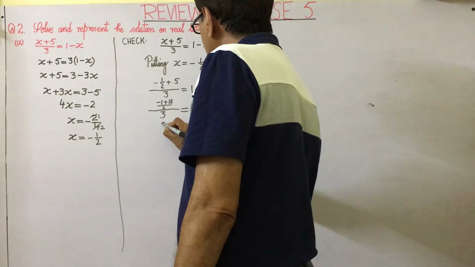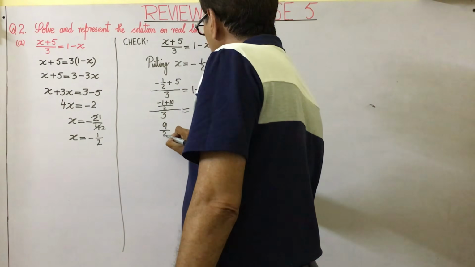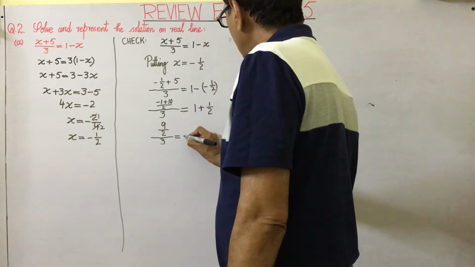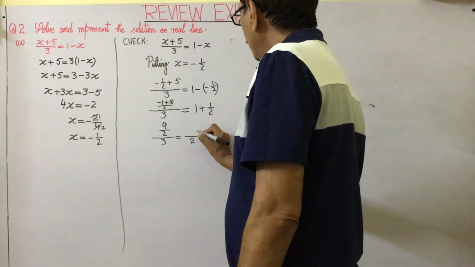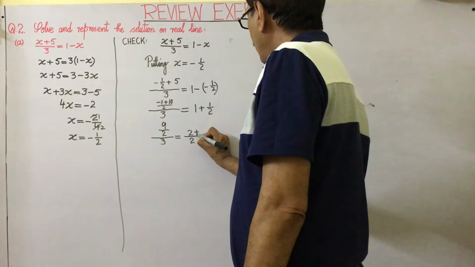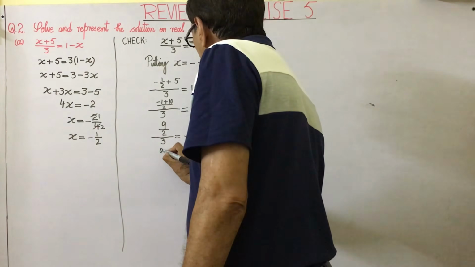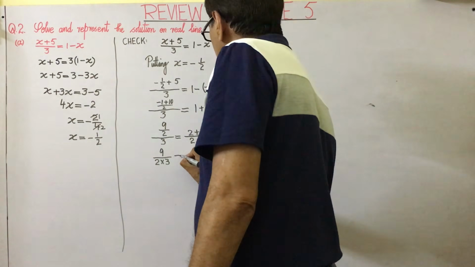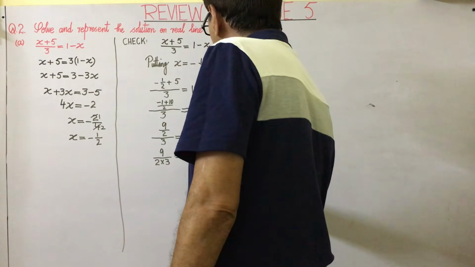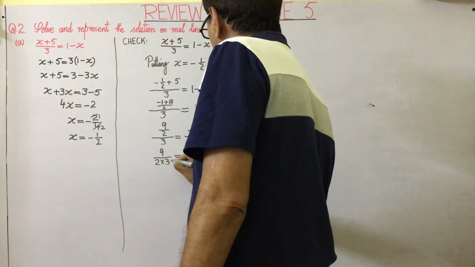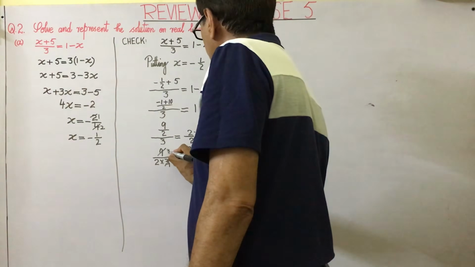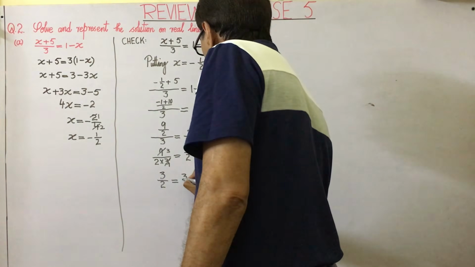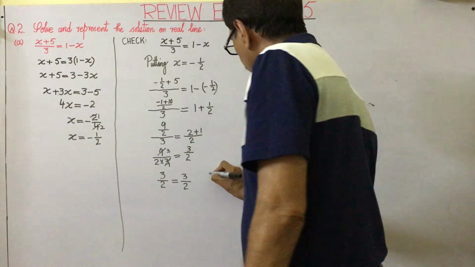Minus 1 plus 10 is equal to 9 over 2, whole divided by 3, is equal to, taking LCM 2, 2 ones are 2 plus 1. 9 over 2 into 3 equals 3 by 2. 3 ones are 3, 3 threes are 9. 3 by 2 is equal to 3 by 2. This is true.